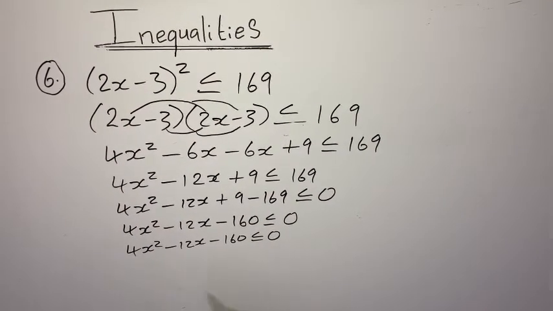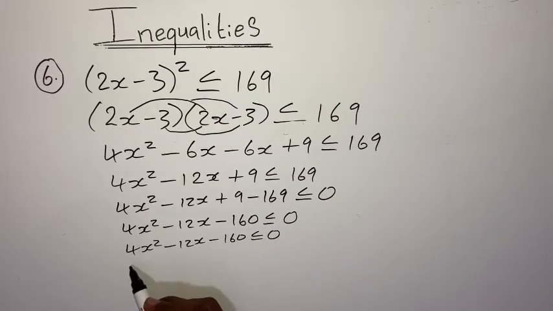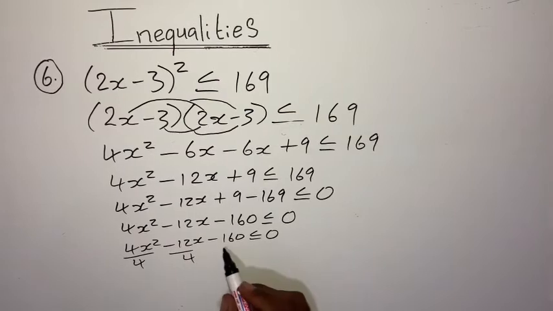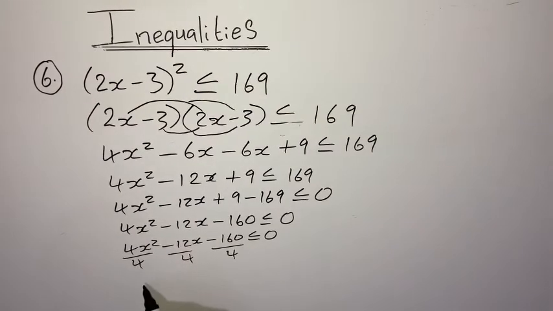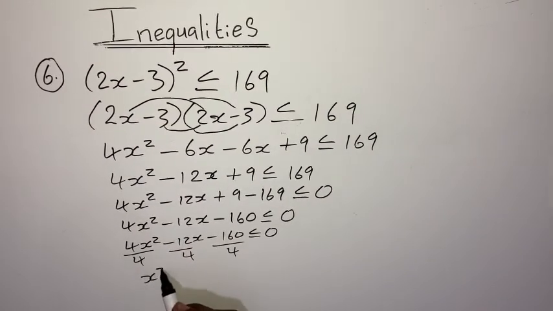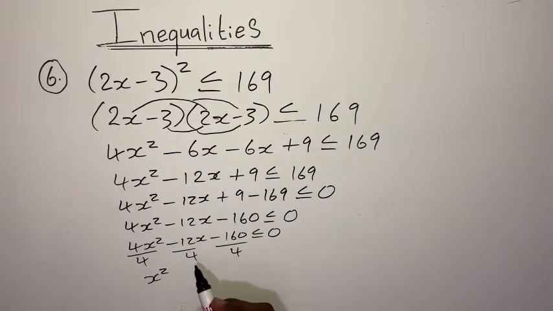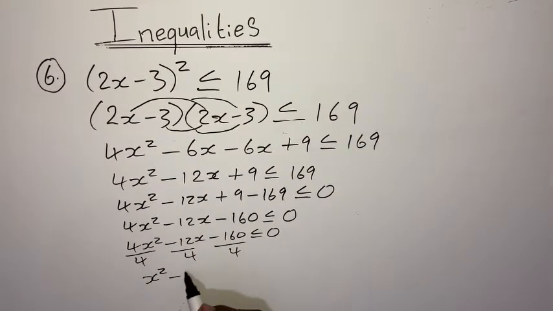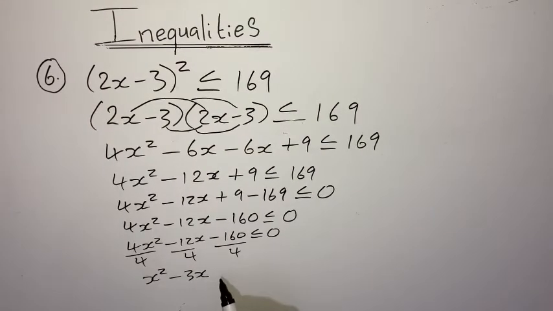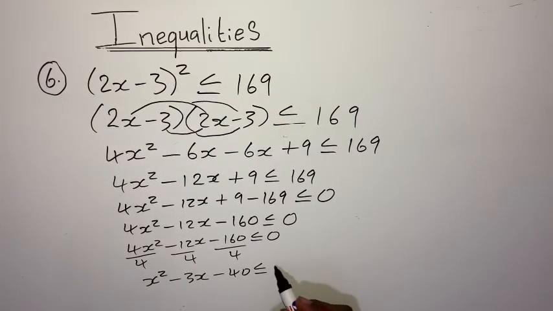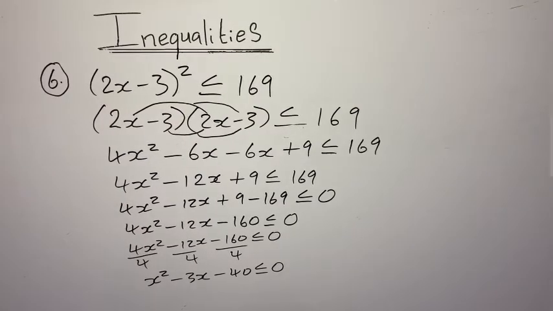Now we divide by 4, and we get an x squared. From here, this is 4, 8, 12, we'll get a negative 3x. How many 4s are in 160? We get a negative 40, being less or equal to 0.